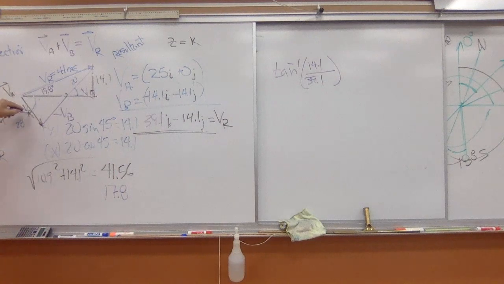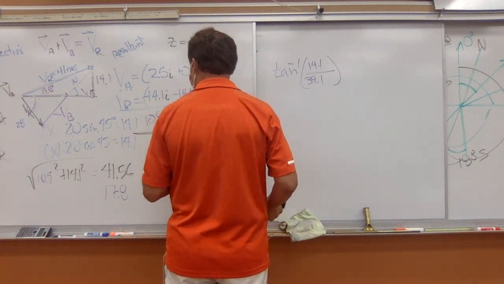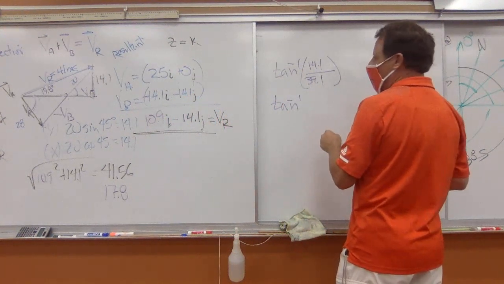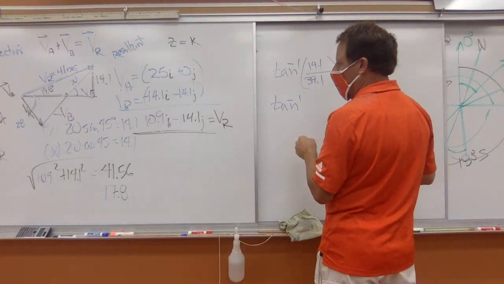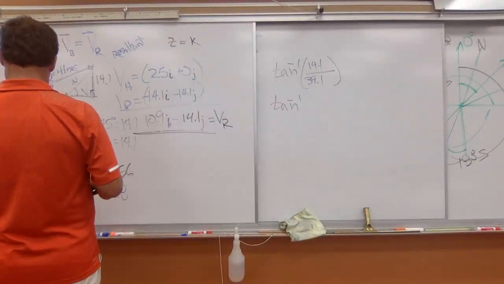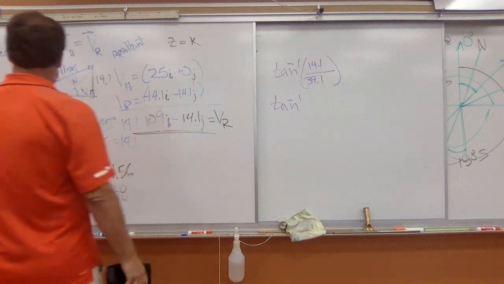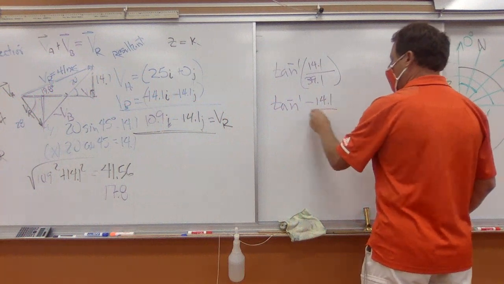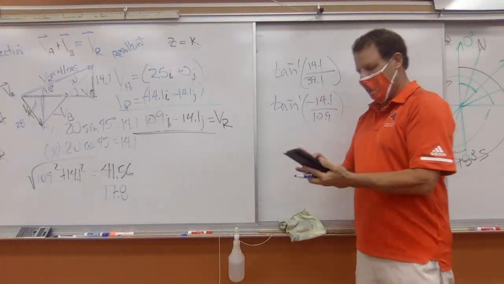If we wanted this one, now remember, that was 10.9. So we're going to say inverse tangent of our opposite. We need to make our angle right here. We went down 14.1 and over 10.9, so our opposite is negative 14.1 and our adjacent is 10.9.